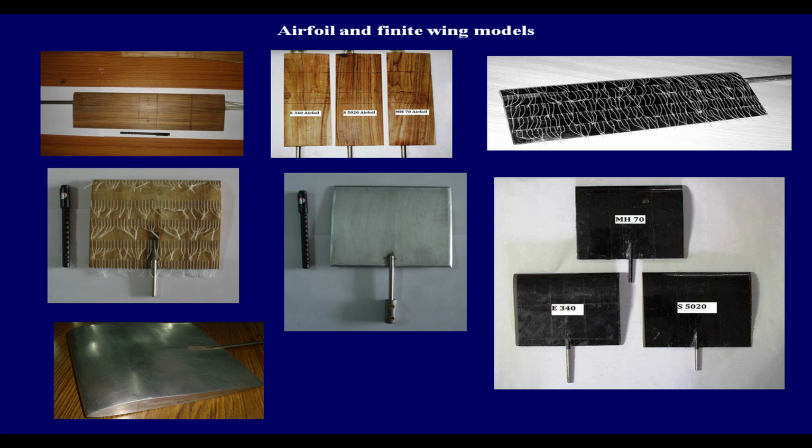Why? Because if you have the chord length of the airfoil, say 20 centimeters, and there is an error of say a millimeter on an average in the profile, then if you look at that ratio, it is something like 1 in 200. I mean a very gross kind of a figure that you are talking about.